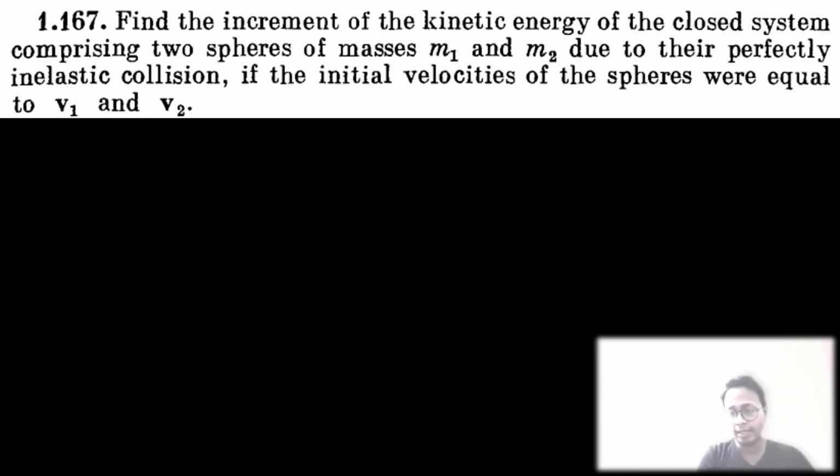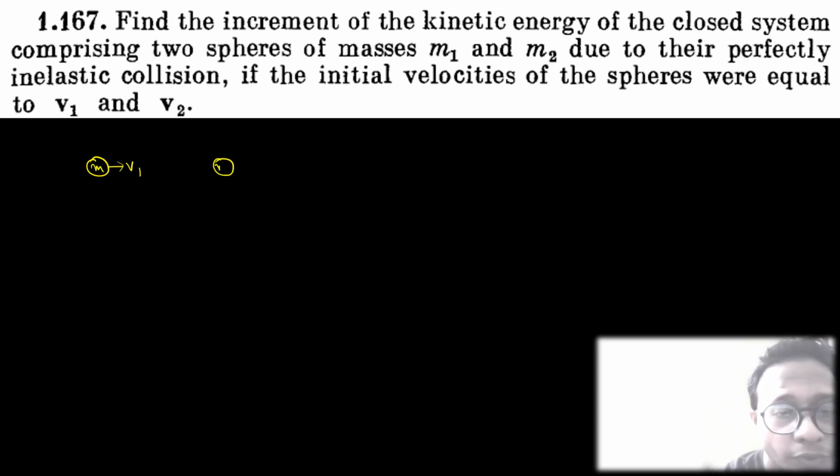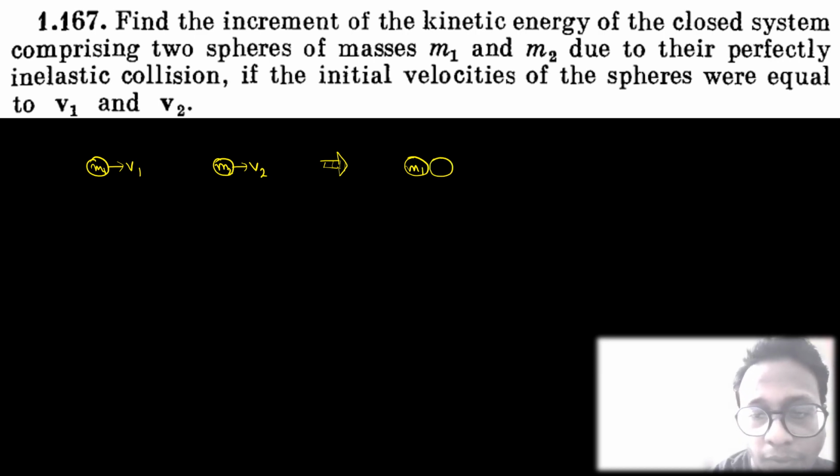So the question is simple enough. Here an inelastic collision is happening. There are two bodies here: m1 moving with velocity v1 and m2 moving with velocity v2. A perfectly inelastic collision is happening, and m1 and m2 stick together.